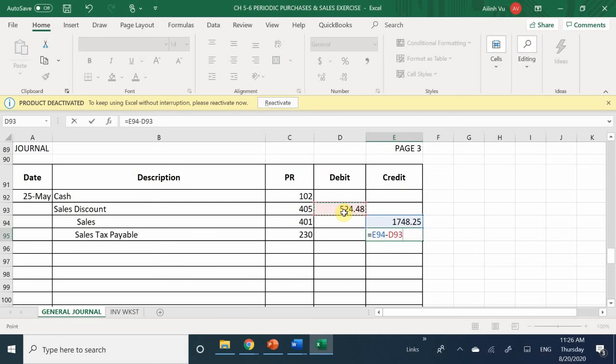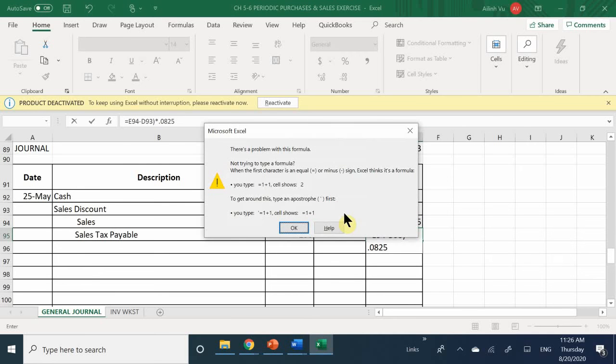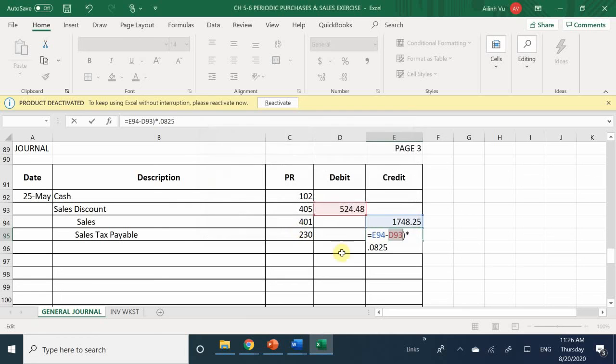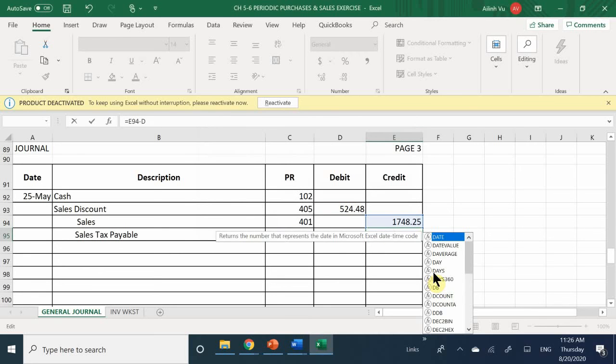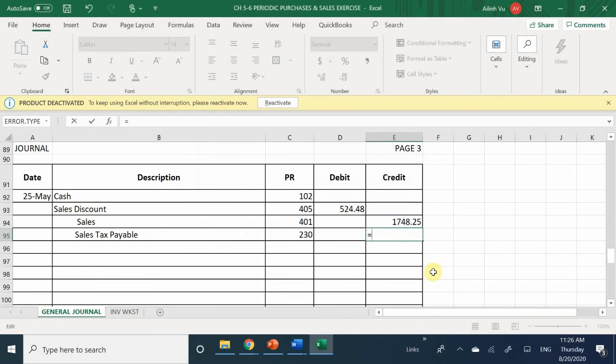And you're going to get this amount and multiply it by the tax after that. I did something in my formula that did not go through. So this, right? This minus this.